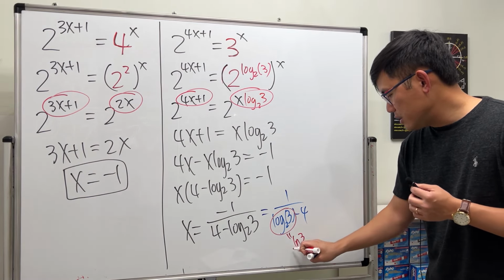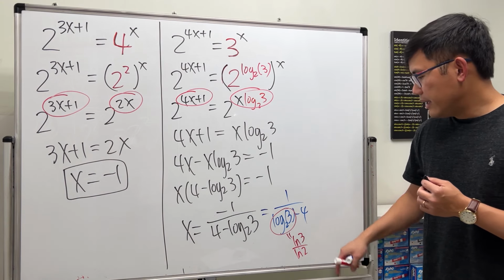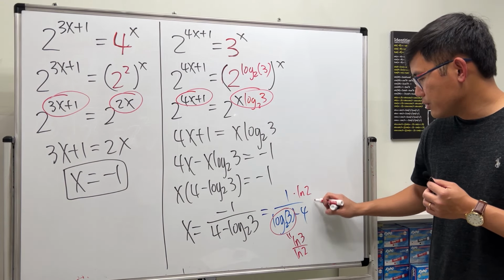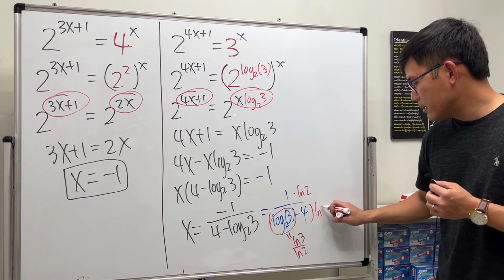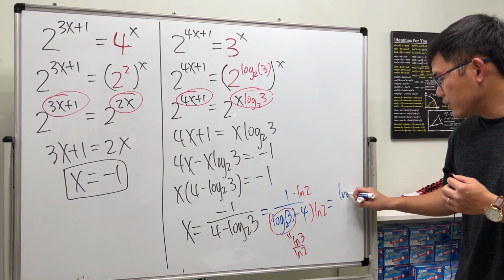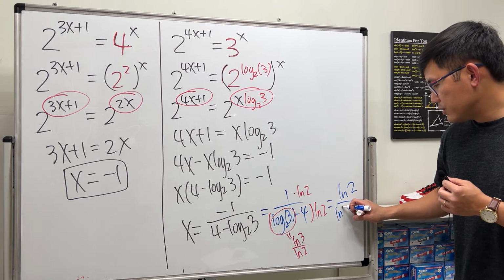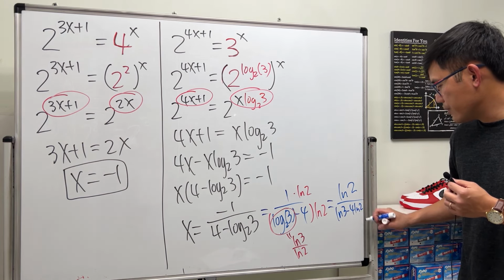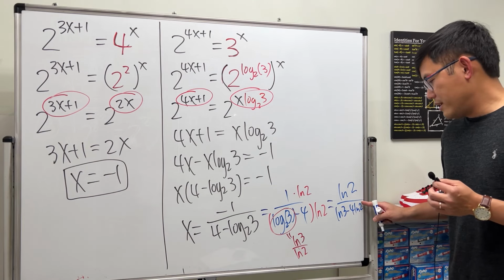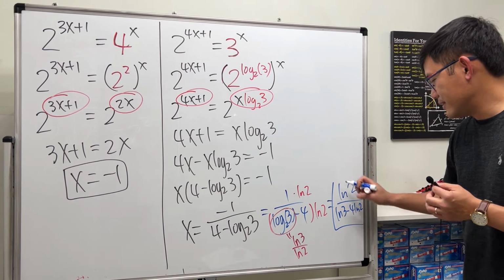Then use ln3 over ln2. And then you multiply the top and bottom by ln2. This will give us ln2 on the top, and we will just get ln3 minus 4 ln2. You can put a 4 right here and get ln16, but I think I will just stop right here.